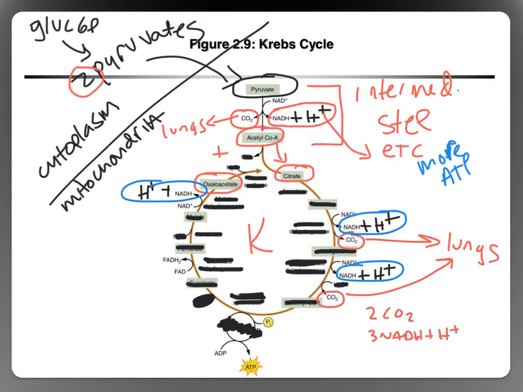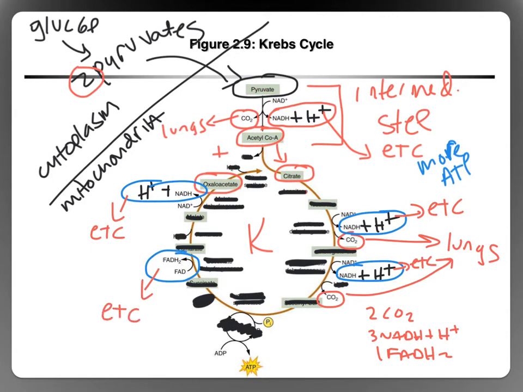We also end up with 1 FADH2. Remember, each of these goes off to electron transport. FADH2 also goes off to electron transport. And then the last thing here is we get an ATP.